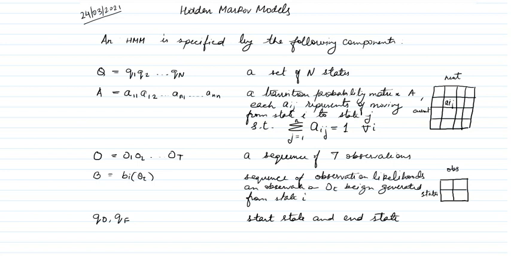And then we have the initial probability distribution, that is the priors. Pi is equal to pi 1, pi 2, up to pi n, the initial probability distribution over states.